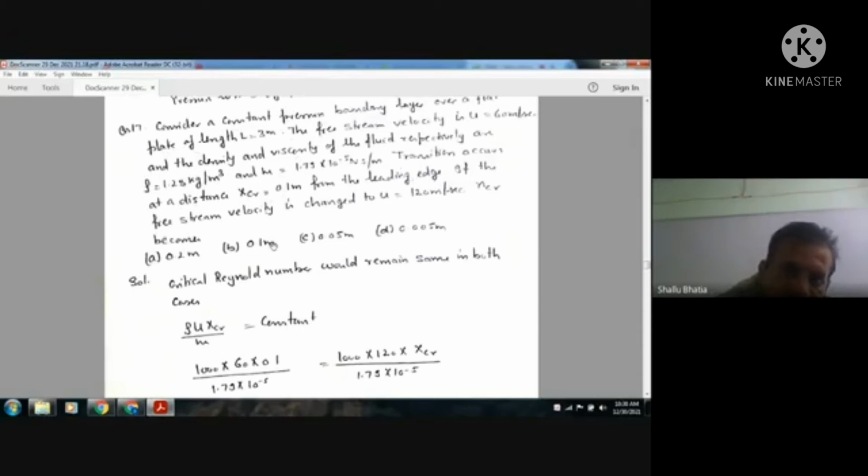Xcr is given as 0.1, and rho is 1000, u is just 60, and mu for air is 1.79.